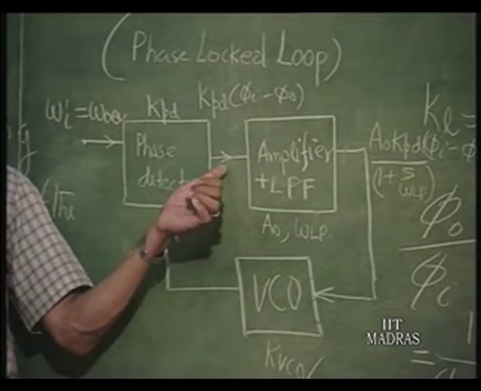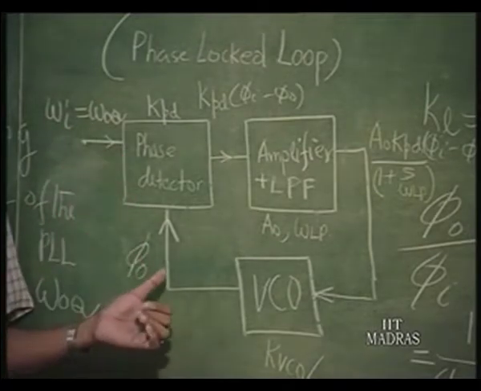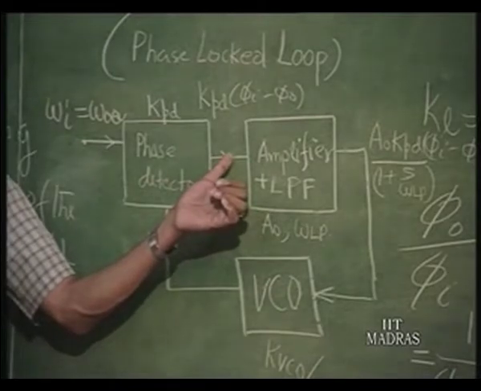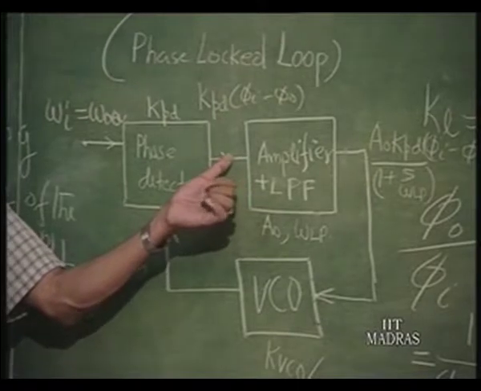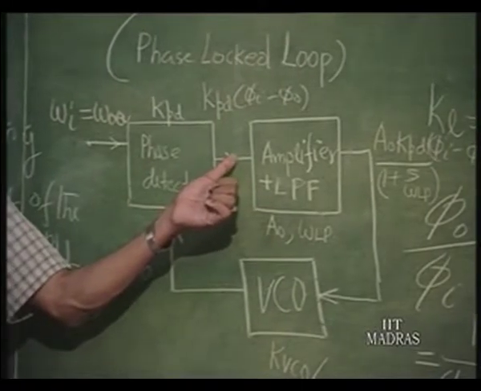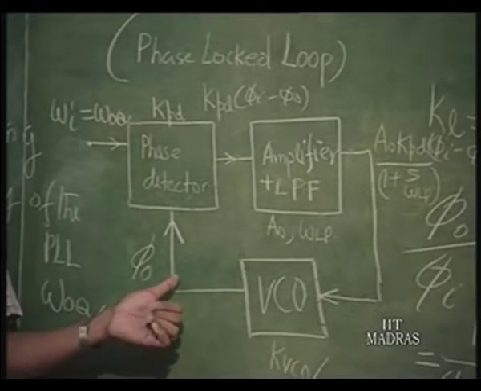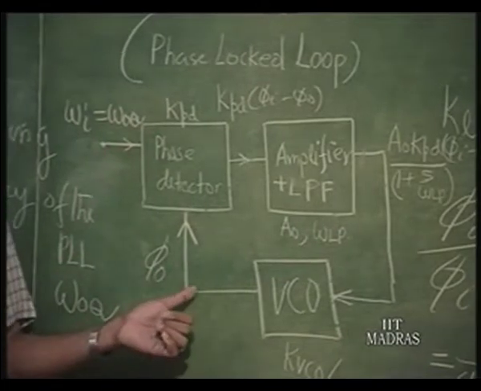That means when we have omega naught q as input and omega naught q as output, the DC average should be 0. In our phase detector, we have seen that when the two incoming frequencies are of the same value, there can be a phase difference between the two waveforms.